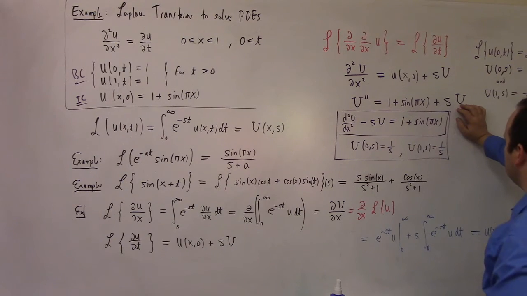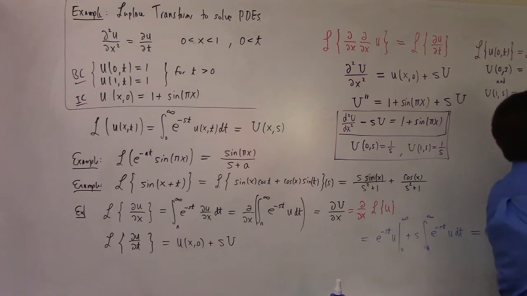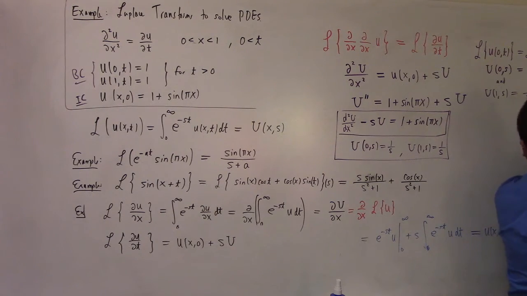Let me think about this for a second here. So, let me rewrite it this way. We have y prime prime minus s times y equals 1 plus the sine of pi x.